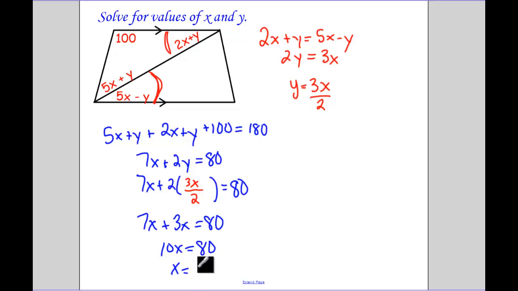X is going to be equal to 8. Okay, so x is equal to 8, so I need to solve for y. Y is equal to 3/2 of 8, so y is going to be equal to 12.